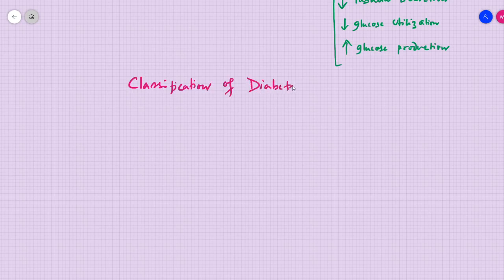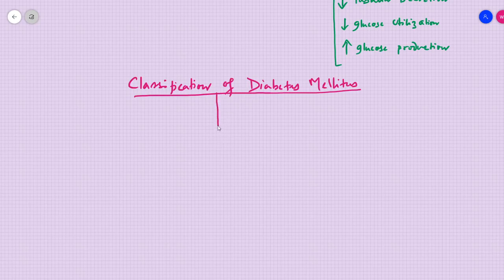Clinically, to standardize treatment, we tend to classify diabetes. So let's look at the classification. We classify Diabetes Mellitus into 4 types basically.